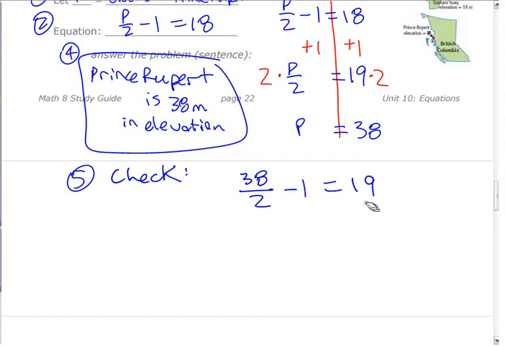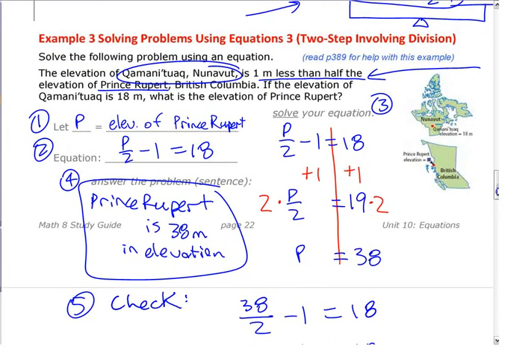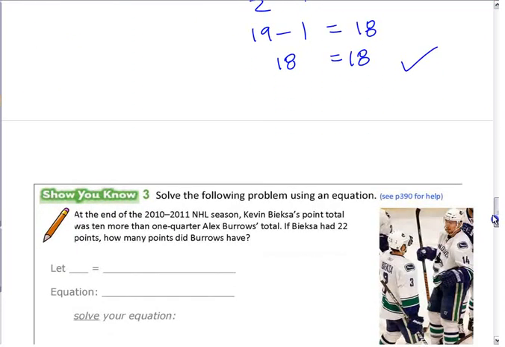Sorry, not 19, 18. Does that equal 18 like it should? This is 19 minus 1. Does that work? It works, right? You can check, right? 1 less than. You can reread the original question and check if you want to put a kind of a step 5 in there. In my experience, grade 8s don't like to check their answers on things.